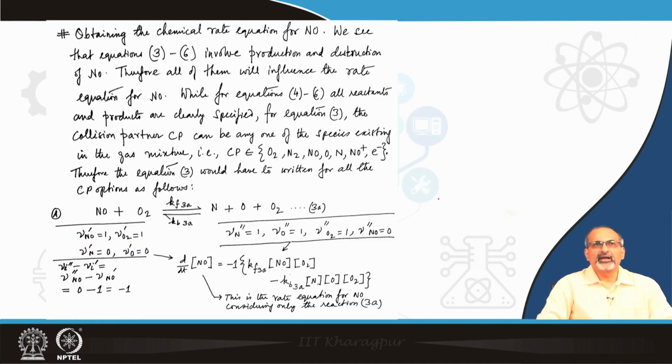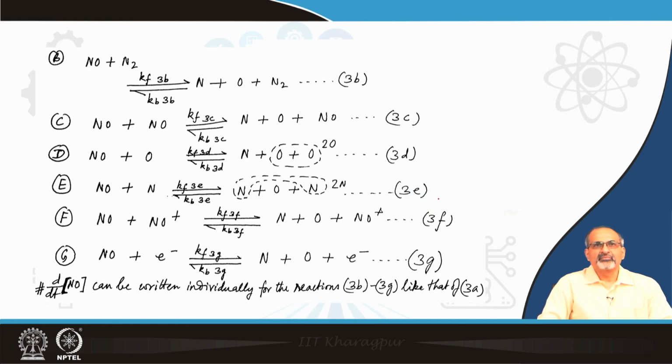Then we saw that for obtaining the chemical rate equation for NO, we have to involve all such equations which are associated with its production or destruction, and they would therefore influence the rate equation for NO, and accordingly we chose them and proceeded with the net rate equation.